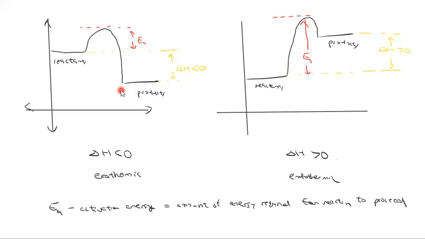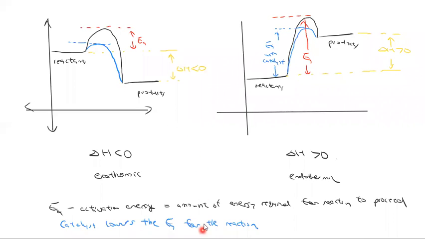Yeah. And that's where the catalyst comes in. The catalyst lowers the activation energy. Which means with a catalyst, you still start and end up at the same spot, but you now have a lower EA. And that basically is how a catalyst increases the reaction rate.